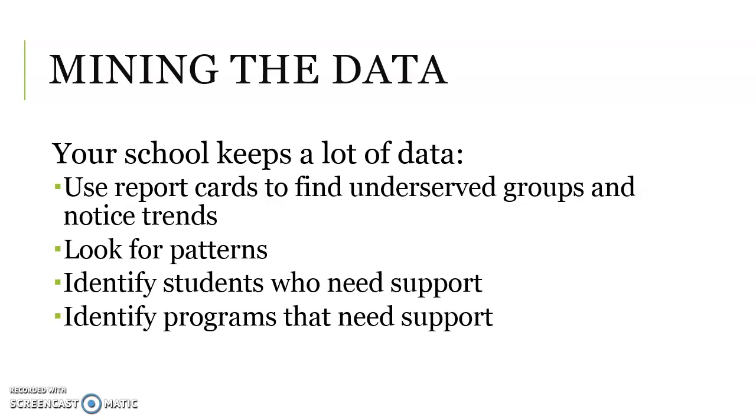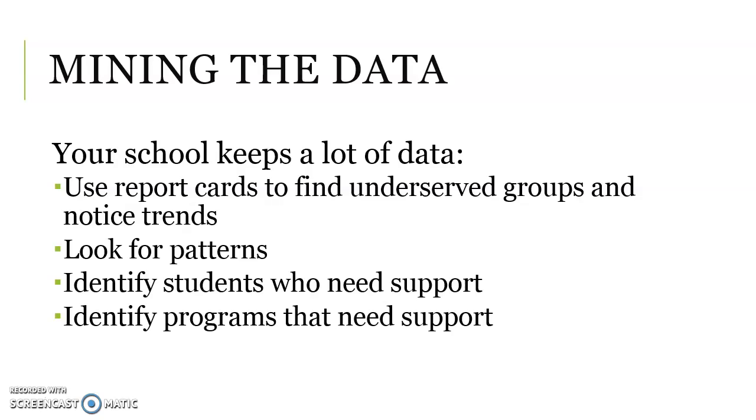This is the piece that we're really going to be focusing on in this class. You're going to be looking at a data set from a school of your choice, and I want you to look at it with a very analytical eye. Take those report cards and that published data to see if you can figure out underserved groups.